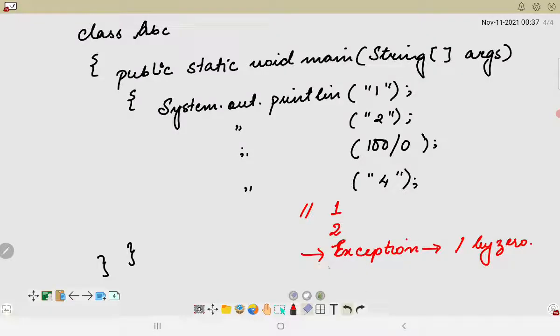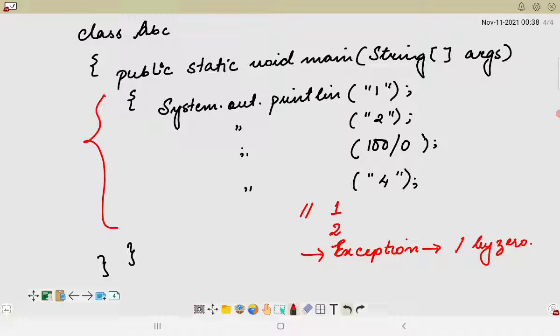We will not have 4 as output in this entire program. This is how the normal flow of a program is interrupted when an unwanted or unexpected event occurs in the form of an exception.